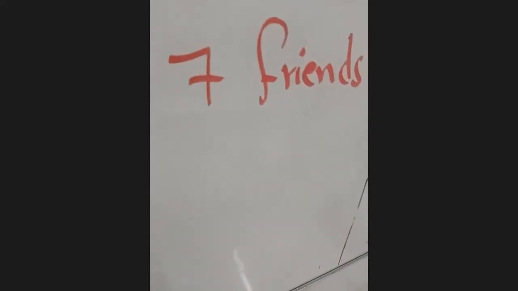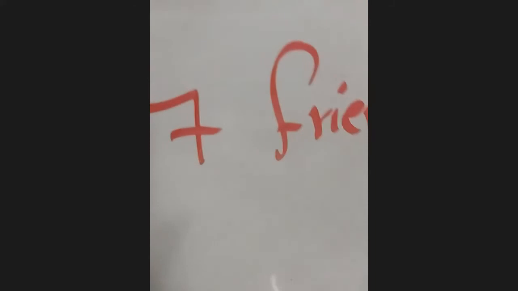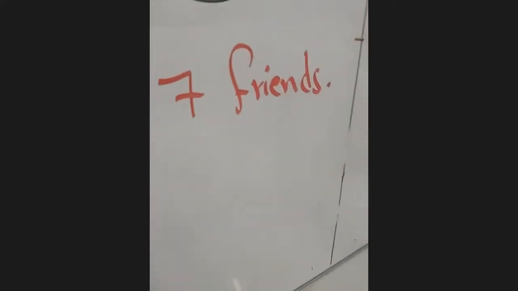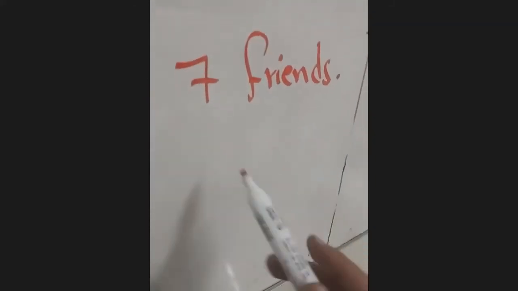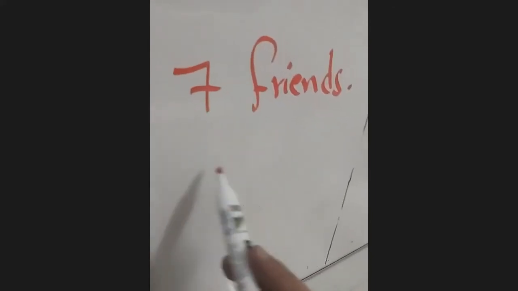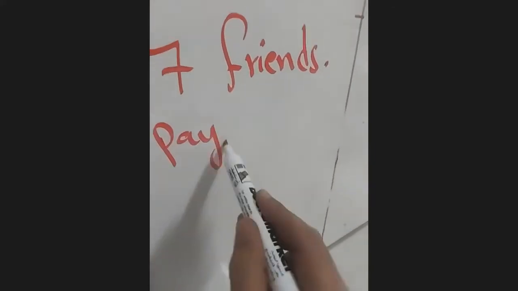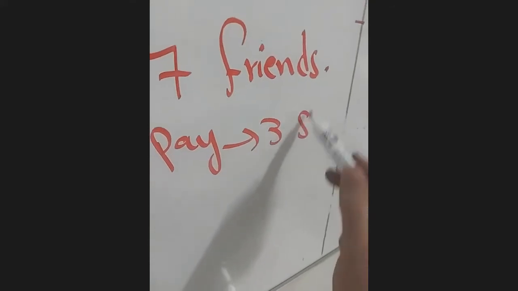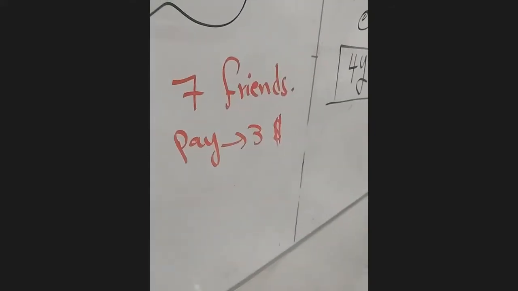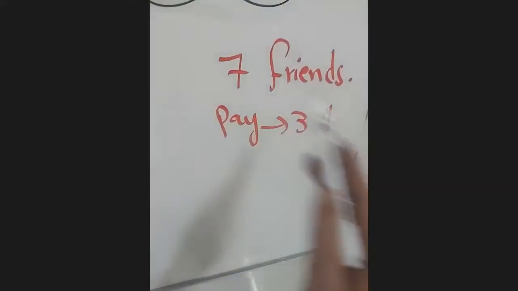Now, look here, Ammar. If I have, for example, 7 friends, and each friend will pay, for example, $3. Can you tell me how we find the total money here?